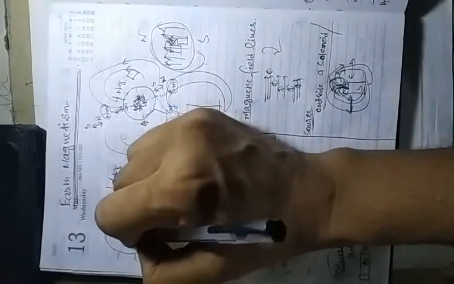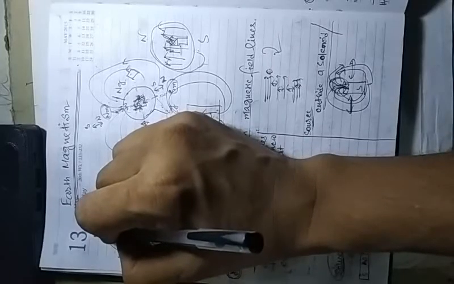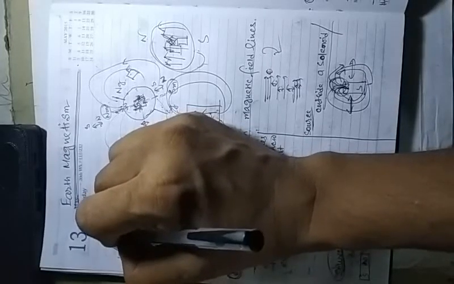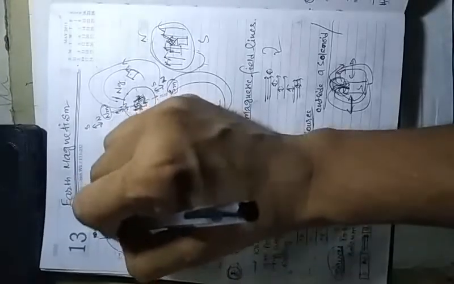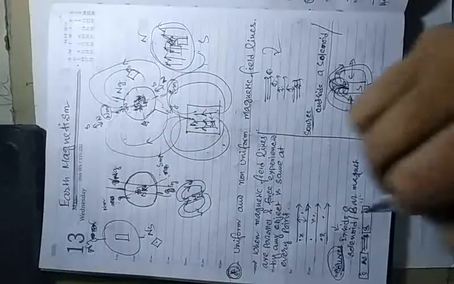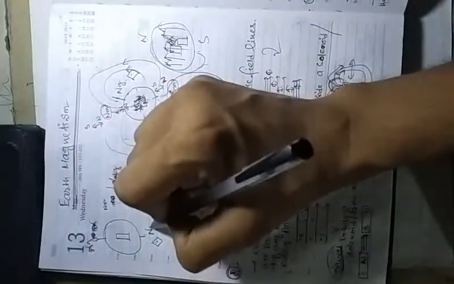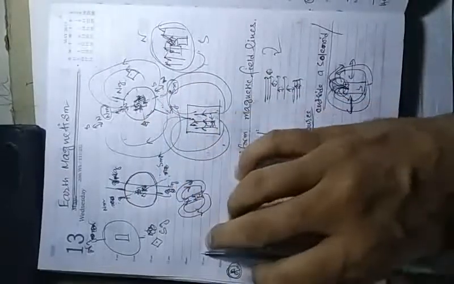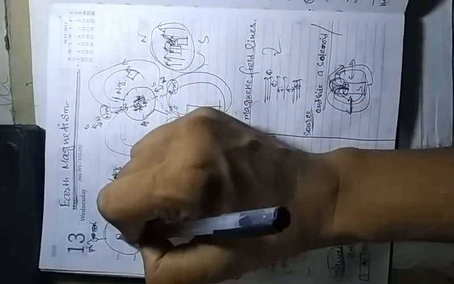So when you place a bar magnet, suppose that is geographic north, NG, and that is geographic south, SG. If we put the bar magnet in the same north-south alignment, the field lines will somehow be distorted, because earth is a magnet.